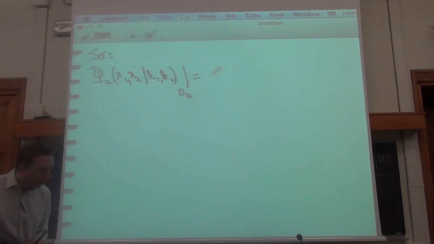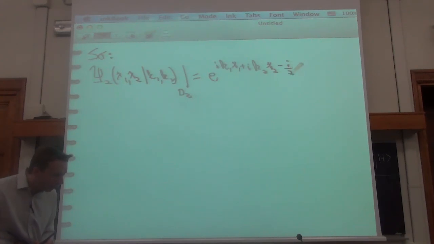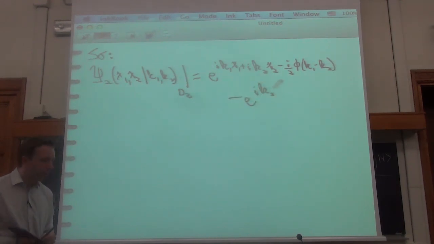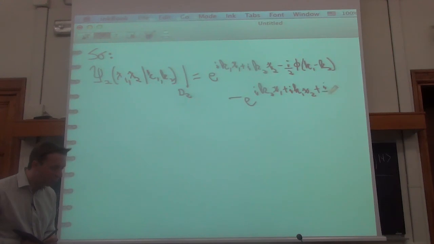We will write it as e to the i k1 x1 plus i k2 x2 minus i over 2 phi of k1 minus k2, minus e to the i k2 x1 plus i k1 x2 plus i over 2 phi of k1 minus k2.